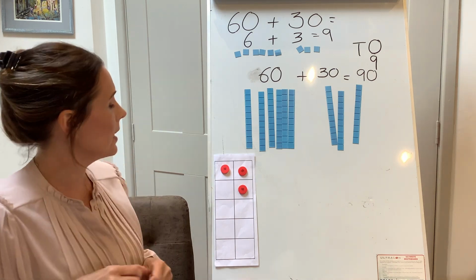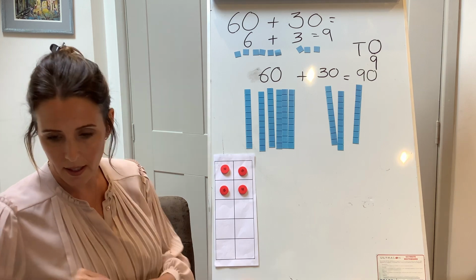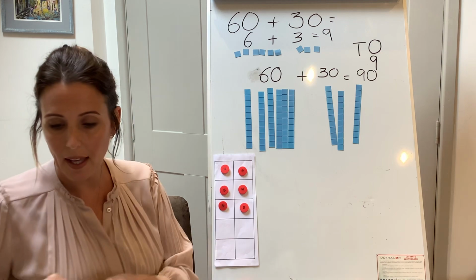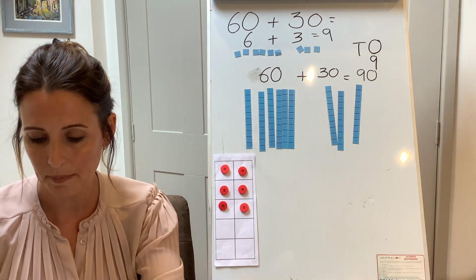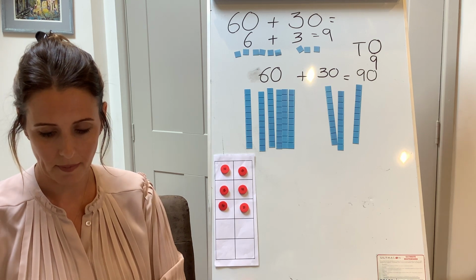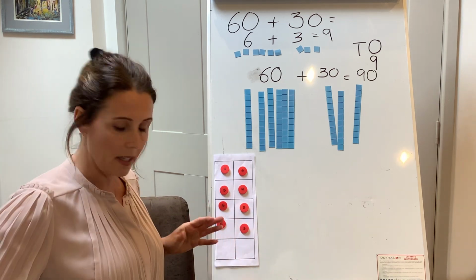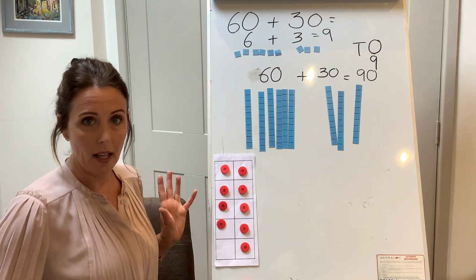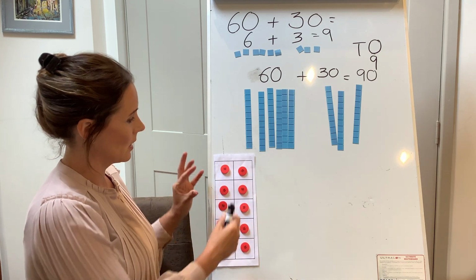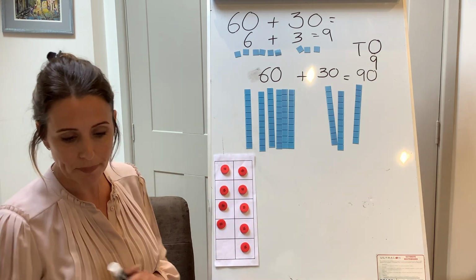You've got 60, so you can place 60 using 6 counters, and then add 30 on using 3 tens counters, and then you can see you've got 90. So 6 ten counters and 3 ten counters makes 9 ten counters. So 6 tens and 3 tens makes 90 as well.